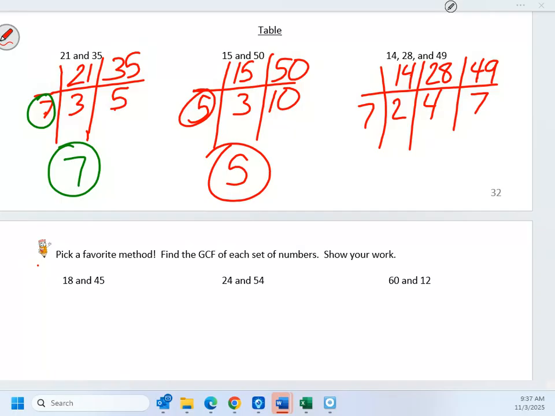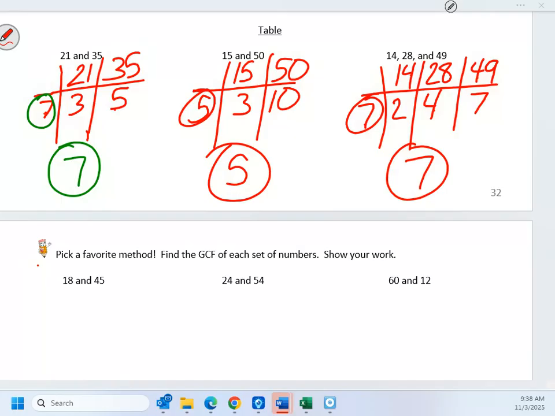Michael? 7. This 7's already pulled out, so I can't divide 4 by 7 and I can't divide 2 by 7, so I'm not going to pull another 7 out. Rhoda? Yeah, I can't divide any number out of all 3 of them, so 7 is my greatest common factor.